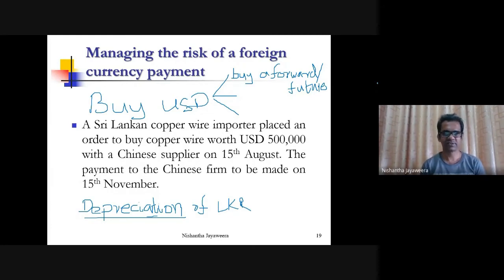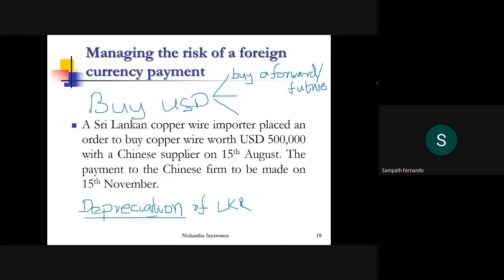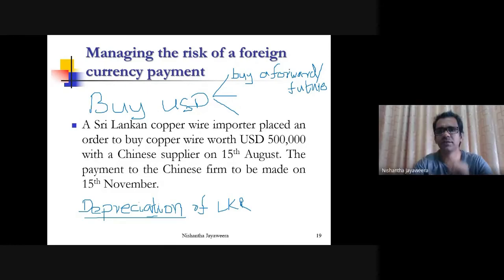What is the second option? If you want to buy something, the risk is if the price goes up, what sort of option would you like to use? Buy a call option.